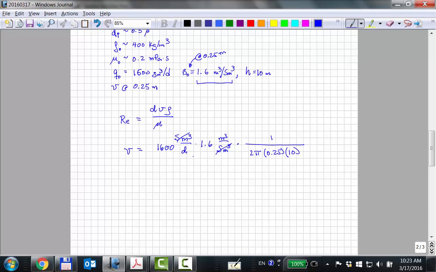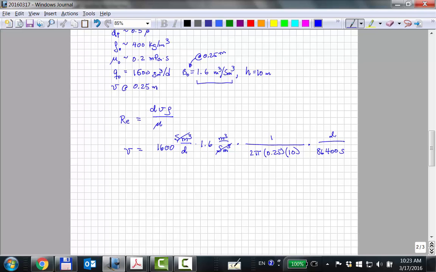That gives us a velocity. We should convert it to seconds. How many seconds are in a day? 86,400 seconds per day. Obviously you have to use it.